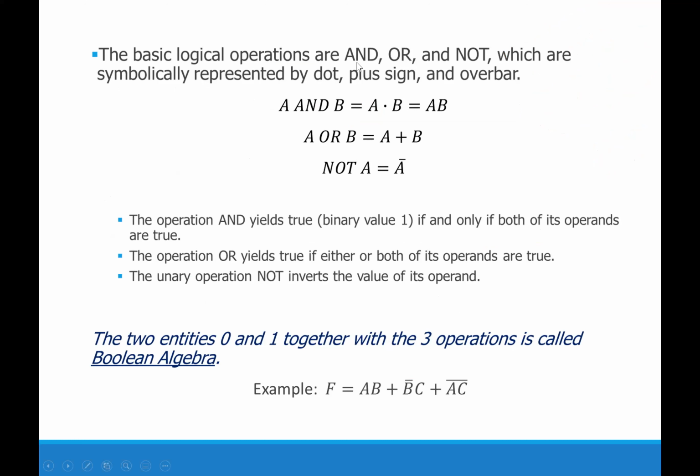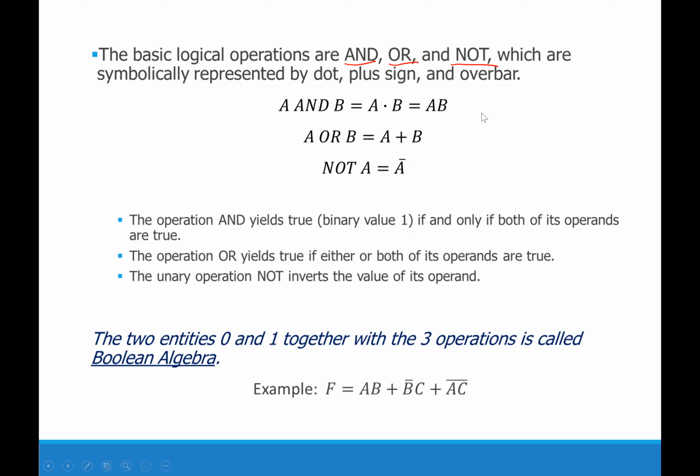The first one is called the AND operator, the second one is called the OR operator, and the last one is called the NOT operator. Those are called the logical operators or logical operations for Boolean algebra.